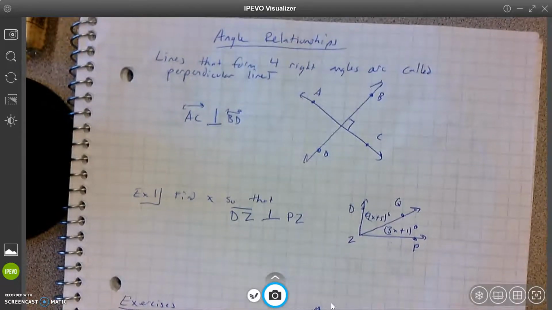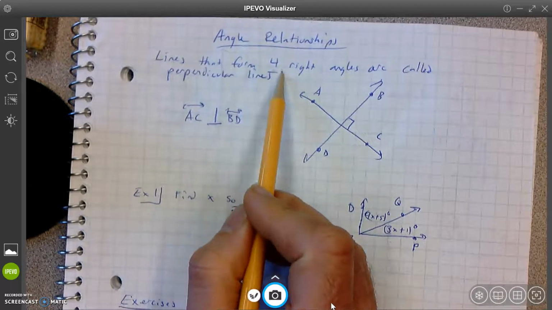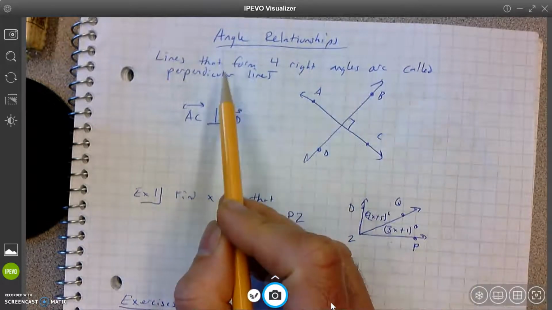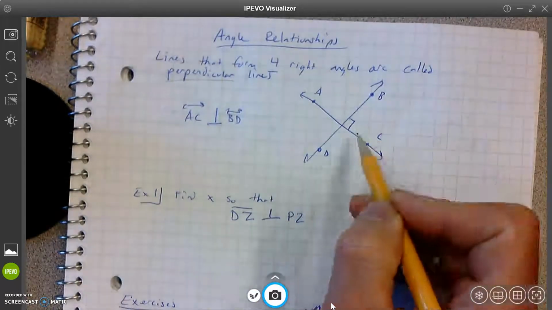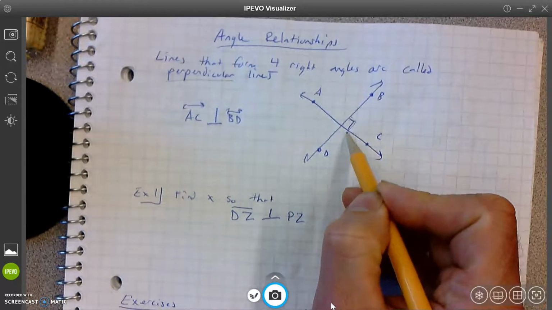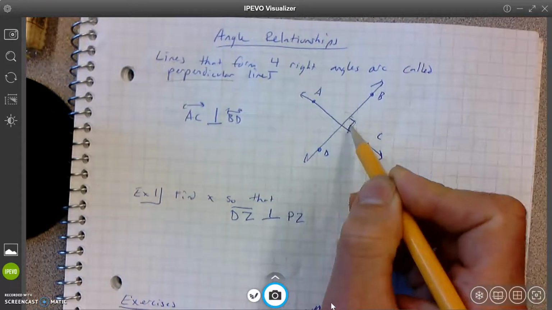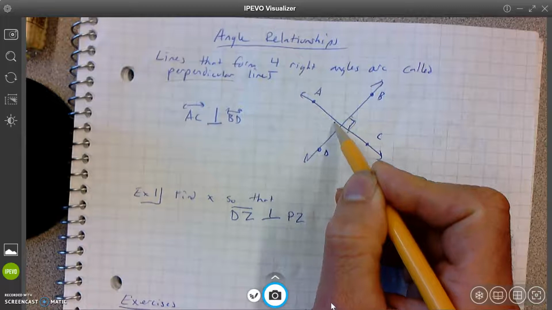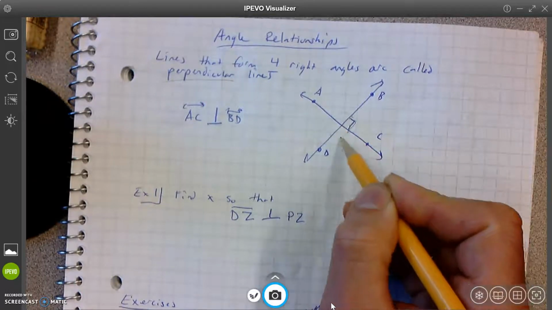So the most important thing that I took out of that first paragraph in that worksheet is lines that form 4 right angles are called perpendicular lines. 4 right angles. So I know that this means 90 degrees. That's a right angle. But even though there's just one, that means that this is a right angle, this is a right angle, this is a right angle. So all 4 angles are right angles.